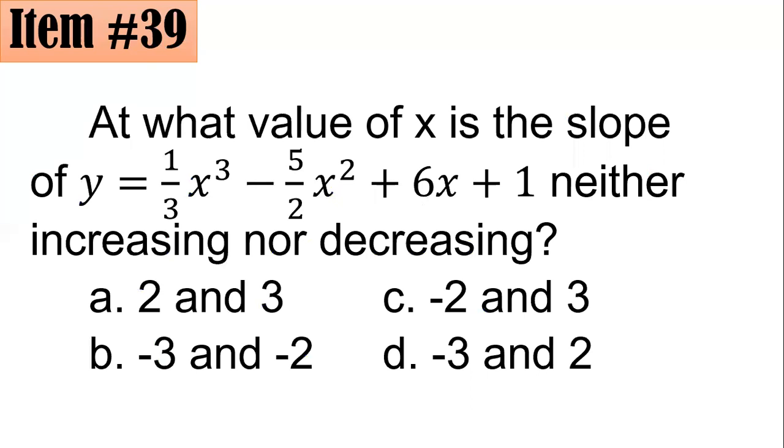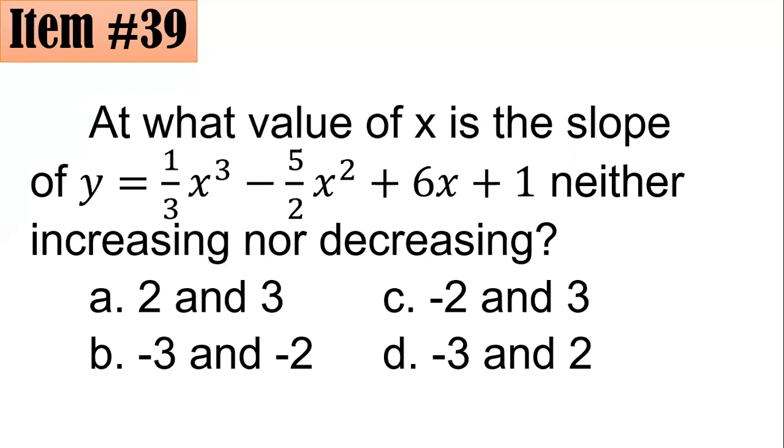Next, at what value of x is the slope of y equals 1/3 x cubed minus 5/2 x squared plus 6x plus 1 neither increasing nor decreasing? Is it 2 and 3, negative 3 and negative 2, negative 2 and 3, or negative 3 and 2? What do you think is the correct answer here?